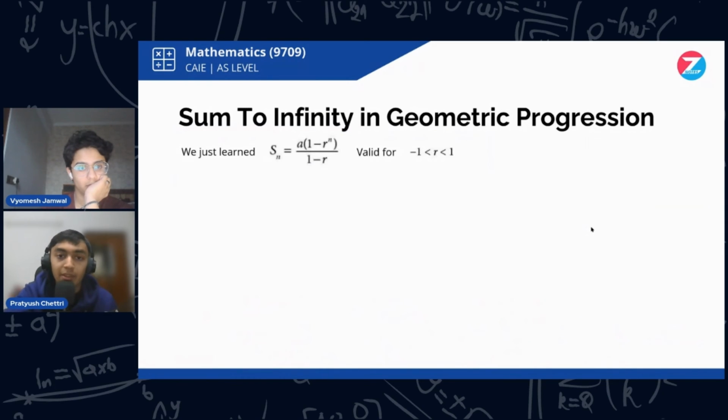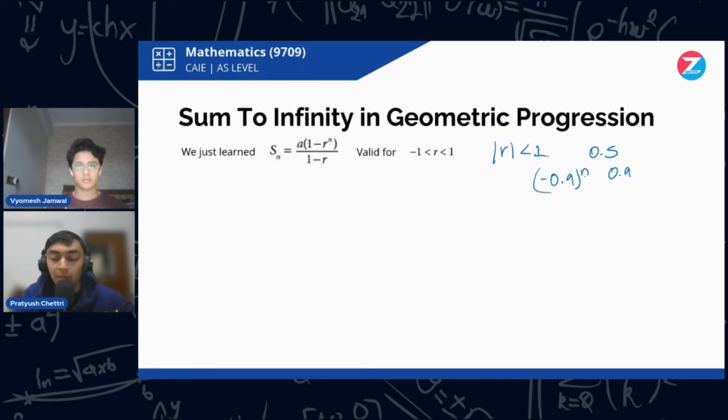And there's one more thing about geometric progressions. If your common ratio is less than 1 in magnitude, so it's something like 0.5 or 0.9 or even minus 0.9, well, over time, as we multiply this by itself, it's going to get smaller.